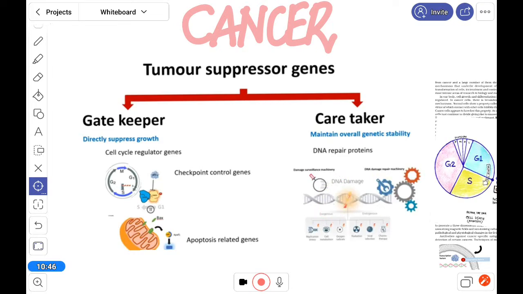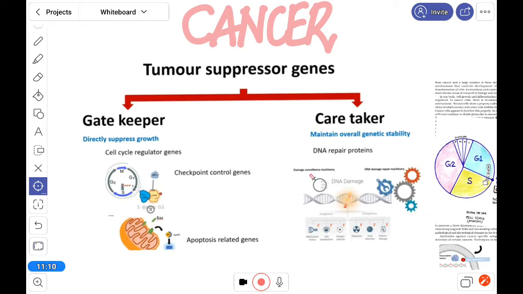So you can understand that if any DNA is damaged during cell division, in the cell cycle, it can be repaired. Number one, if it is not repaired, then it is destroyed.